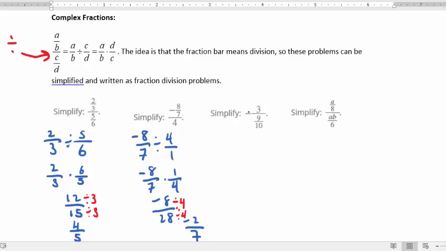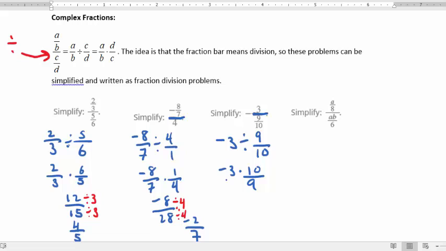And now here's the distinction between that second one and this third one. This third one is not negative 3/9 divided by 10, but it's negative 3 divided by 9/10. Because what you have to do is find the big division bar, right? The big fraction bar. In the case of the second one, this is your big fraction bar. In the case of the third one, this is your big fraction bar. So that's negative 3 divided by 9/10, which then becomes negative 3 times 10/9.